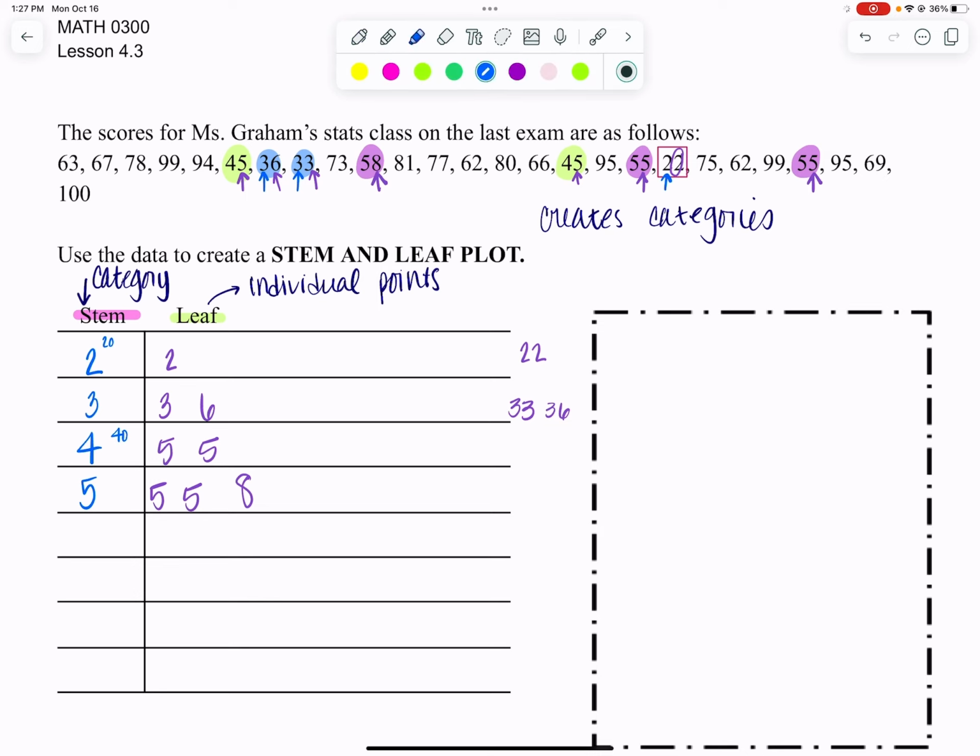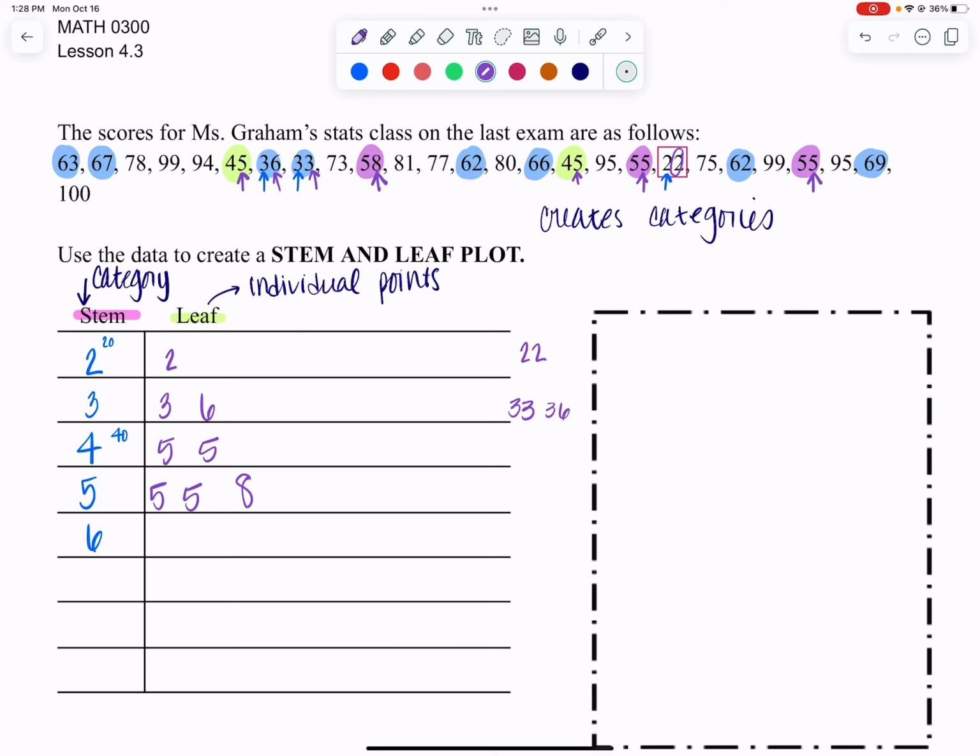I'm going to go and look for 60s. So I have a 63 and a 67 and a 62 and a 66. Here's another 62 and a 69. So I'm going to pull out my stem, and then I'm going to pull off all of the leaves, but I want to do it in numerical order. If I had a 60 as a data point, I would start with that one and put a 0 as my leaf, but I don't.